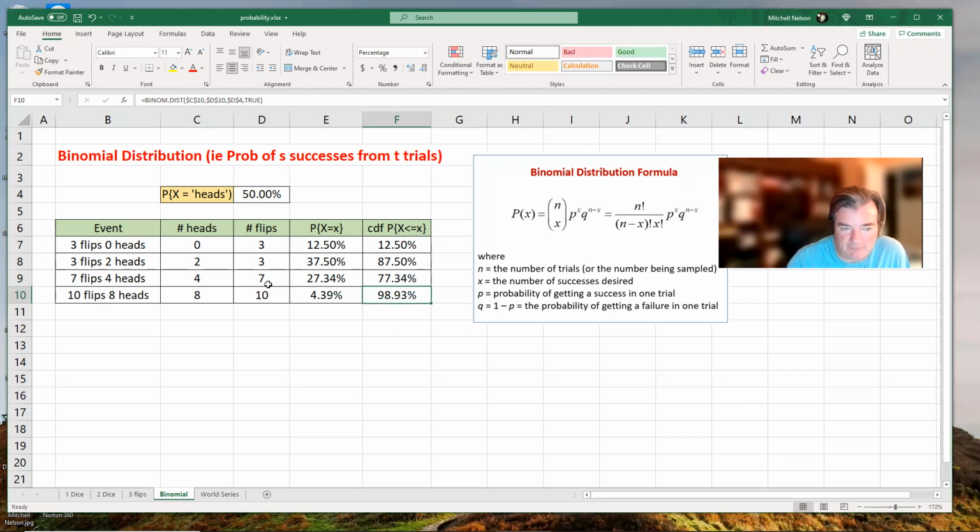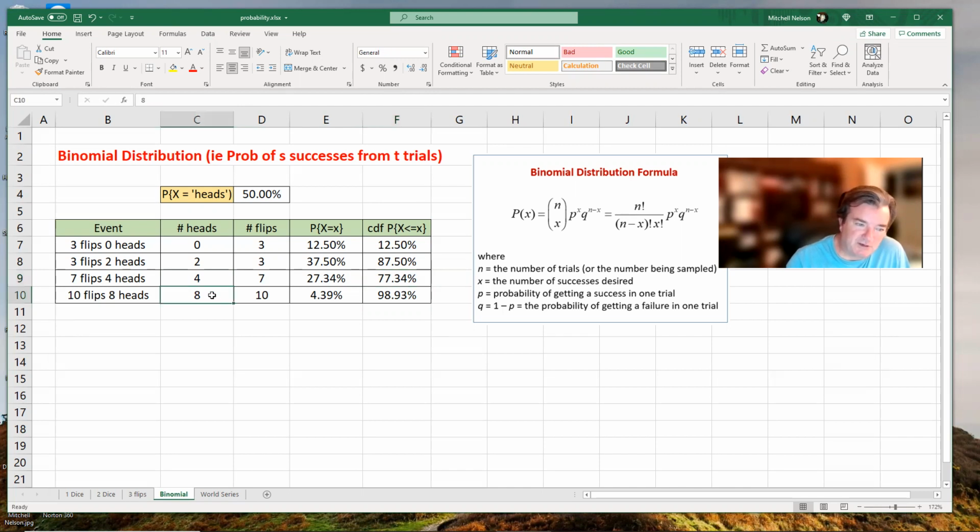So if I flip the coin 7 times and the coin has a 50% chance of being a success, being heads, the probability of getting exactly 4 out of 7 is 27.34. The probability of getting 4 or less, meaning 4 or 3 or 2 or 1 or 0, is 77.34.